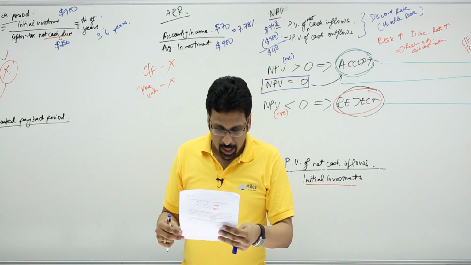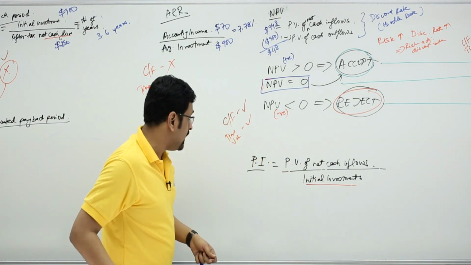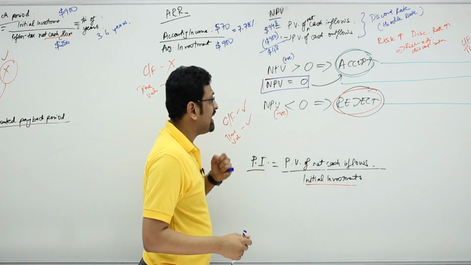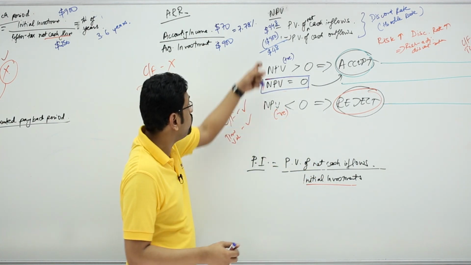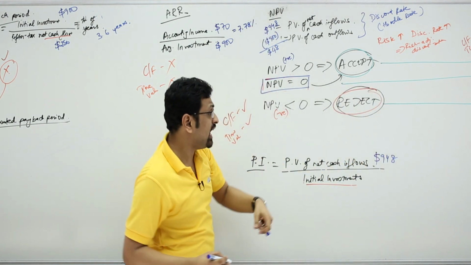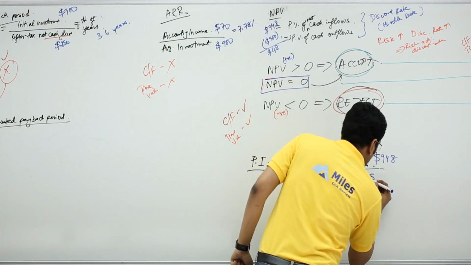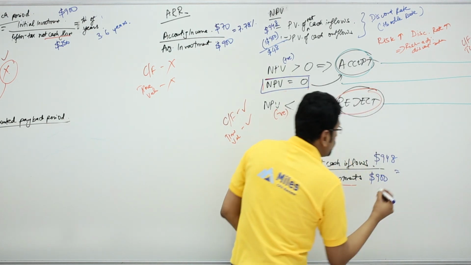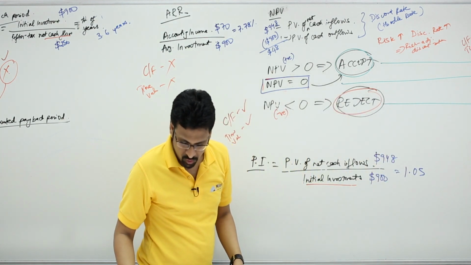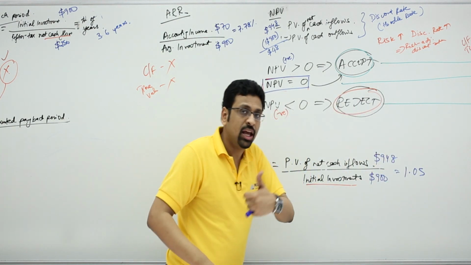Now, so this was net present value. Let's do profitability index. So profitability index is present value of net cash inflows. What's the present value of net cash inflows? 948. What's the initial investment? That's $900. So the profitability index is 1.05. So that's more than 100%, it's good.